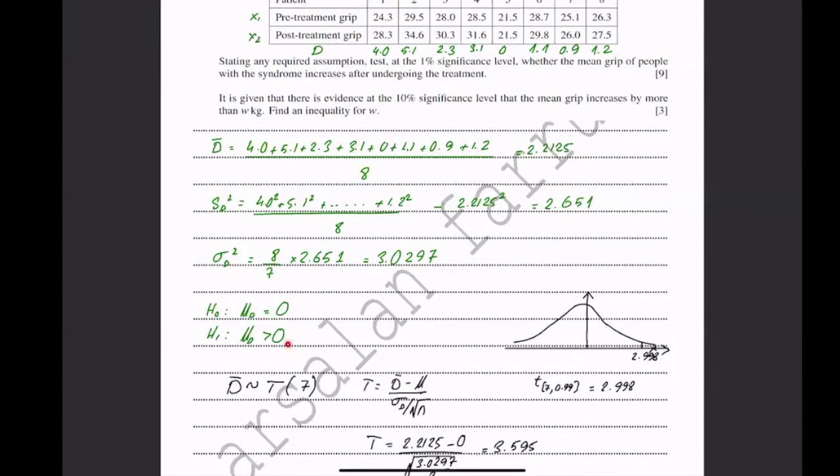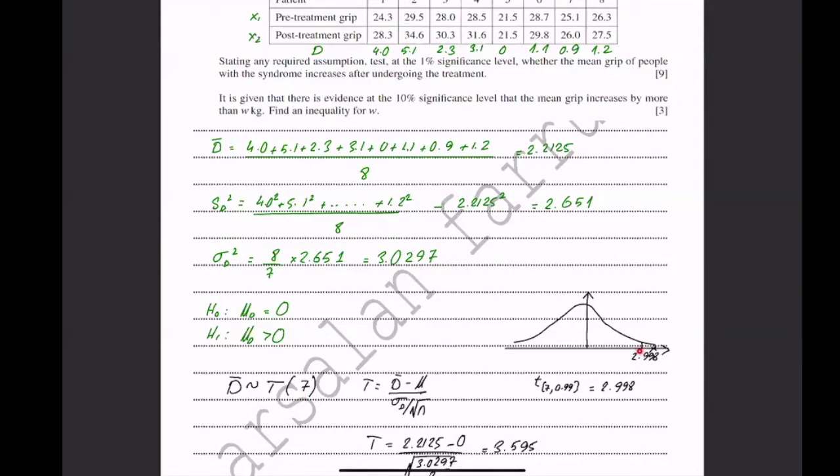Alternate is that post-treatment grip is more. So I write down the distribution with n minus 1. This is like 8 and 8, but your number of data is not 16 because you're performing the test on the differences. Your number of data is actually 8, so the degree of freedom would be 7.